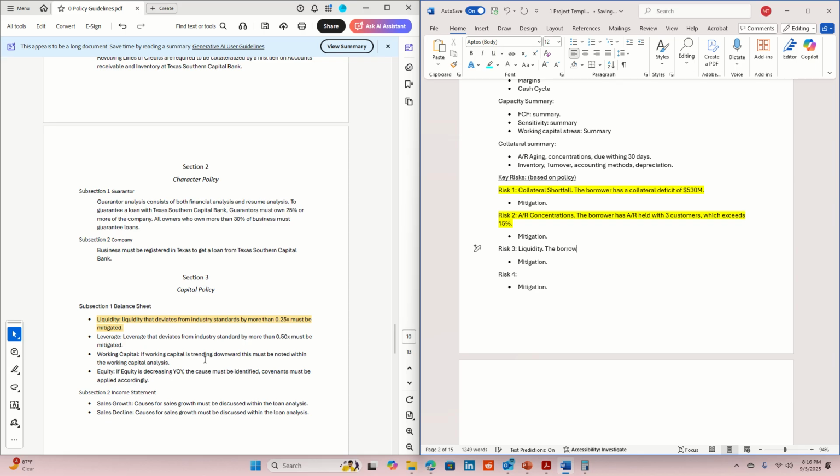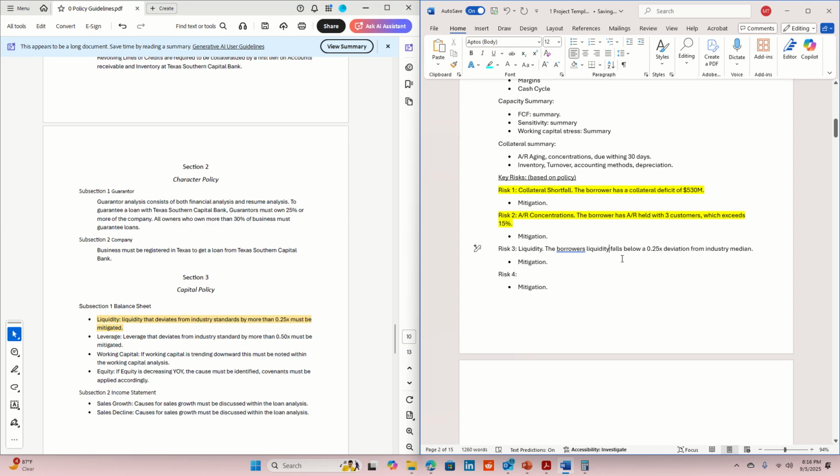The borrower's liquidity falls below industry standards, falls below a 0.25x deviation from industry median, right?